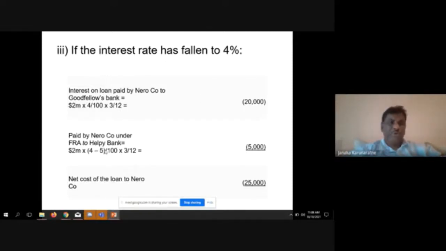Then I have to pay the bank, because earlier the bank paid me when interest rates increased. Now I have to pay the bank the difference, 4 minus 5, that is 1% on 2 million, 5,000. So my net cost would be 25,000.